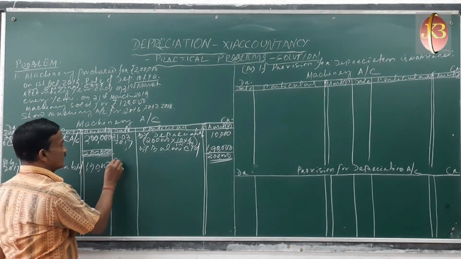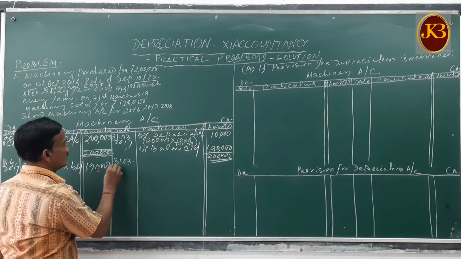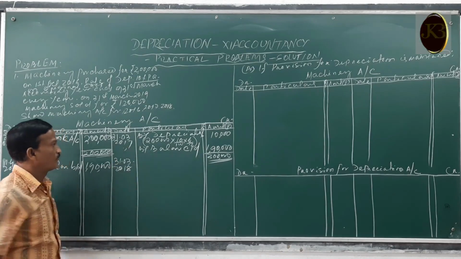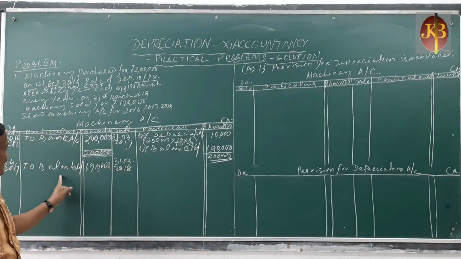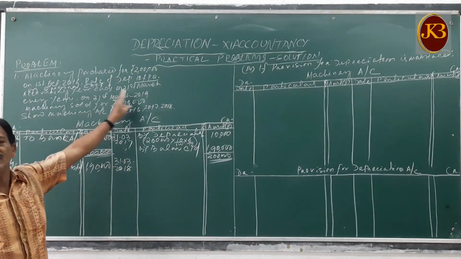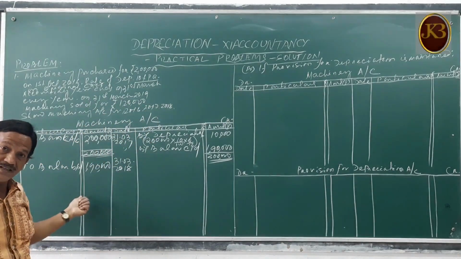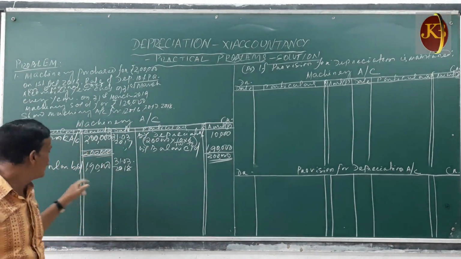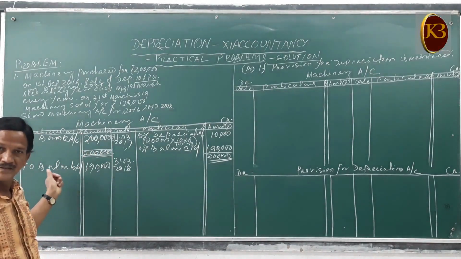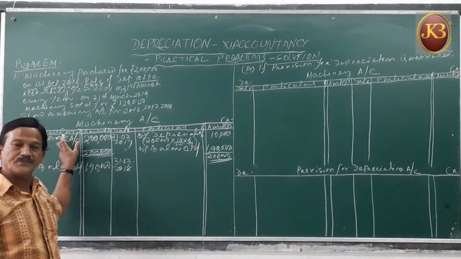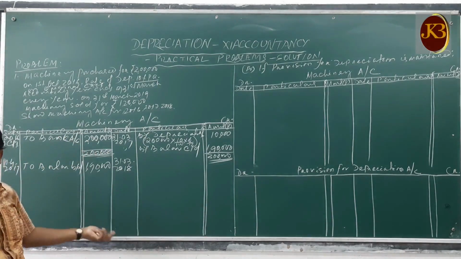Again, 31st March 2018, this is completed. In the second year, no other machinery is purchased. If another machinery were purchased, it would go to bank account, as in the first transaction, and so it would continue.